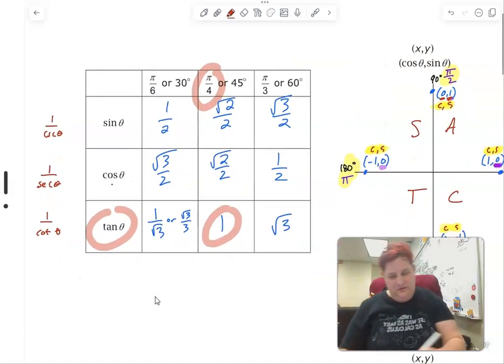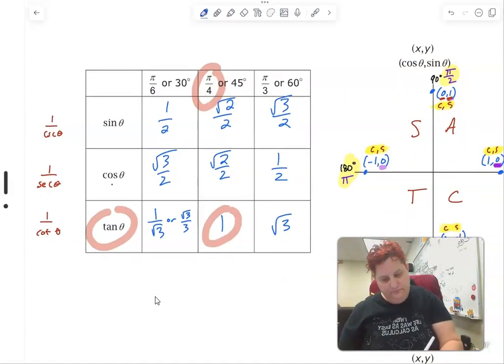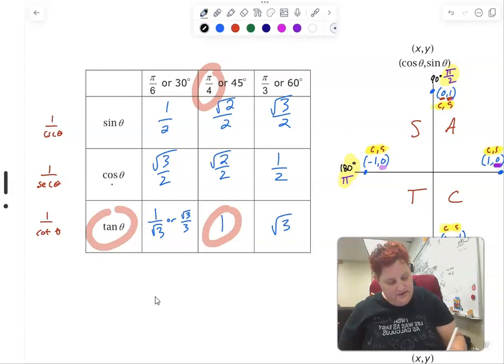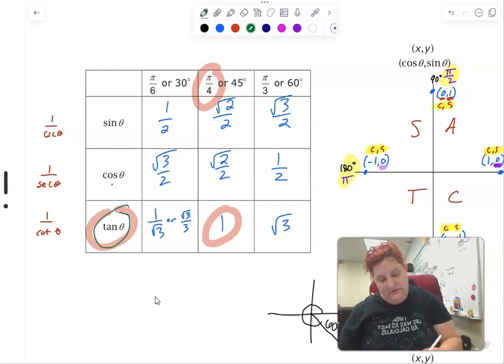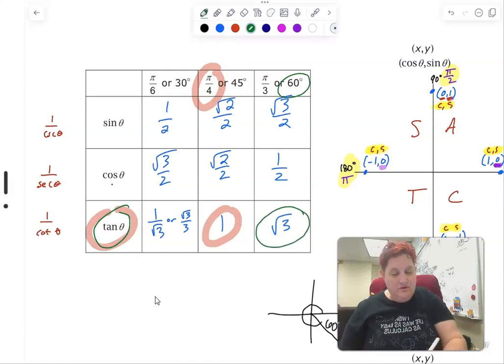Now 300 is a little more difficult. If I take this, 300 is over here, okay? It's 60 degrees away from 360, so I'm going, what's the tangent of 60? And it's root 3. But also you got to pay attention to, it's ASTC.